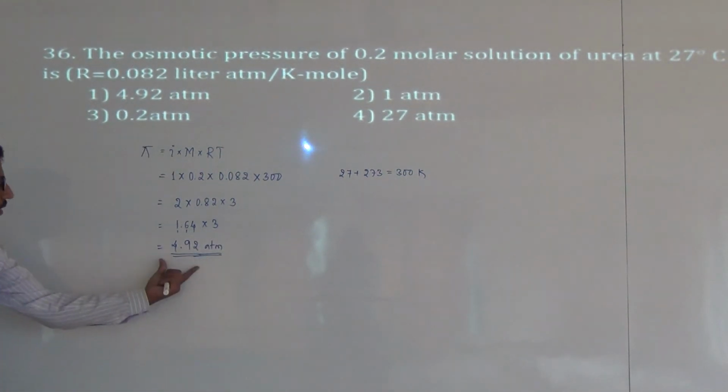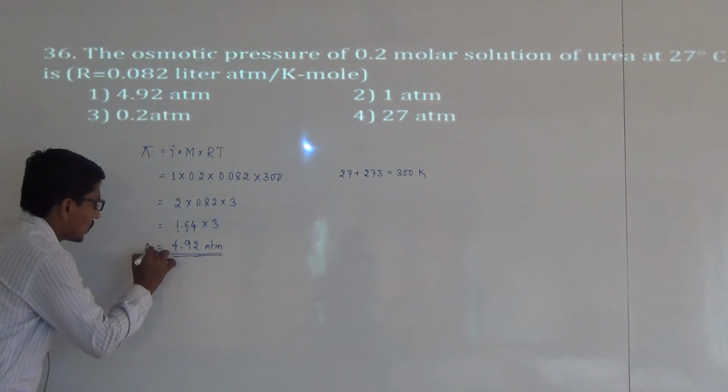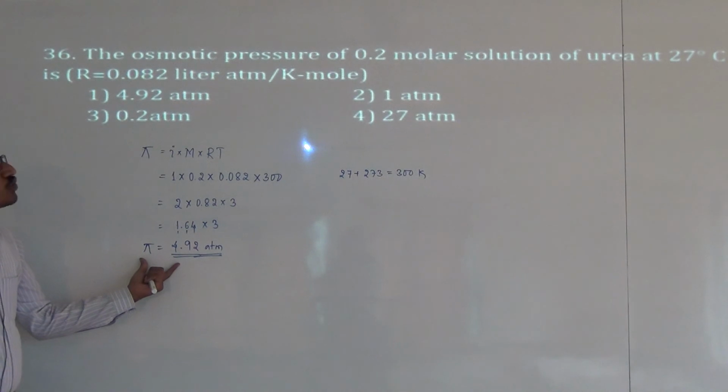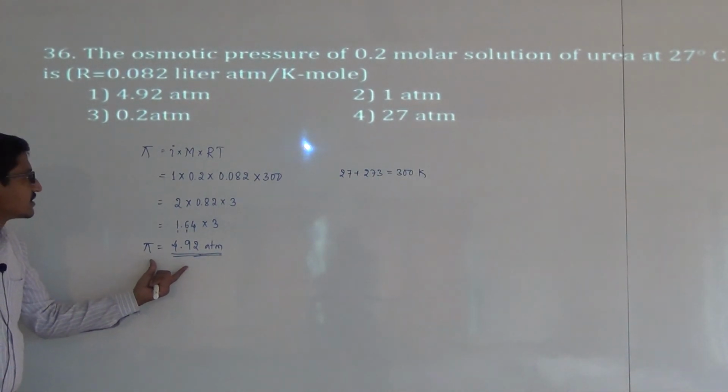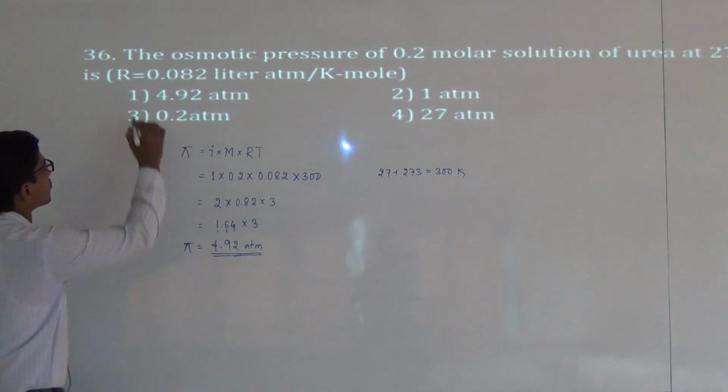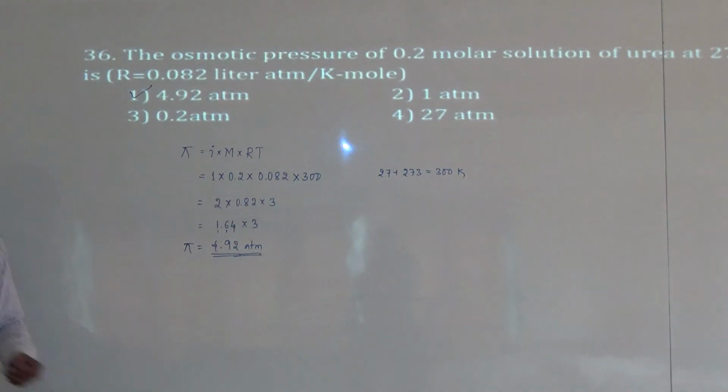This is the answer for our osmotic pressure of the solution containing 0.2 molar urea at 27 degrees Celsius, 4.92 atmosphere. First one is the right answer.